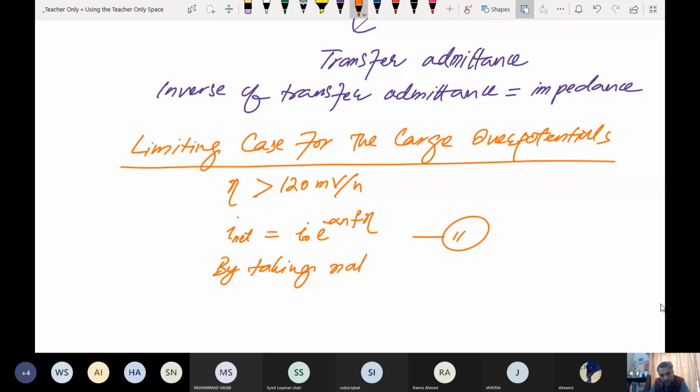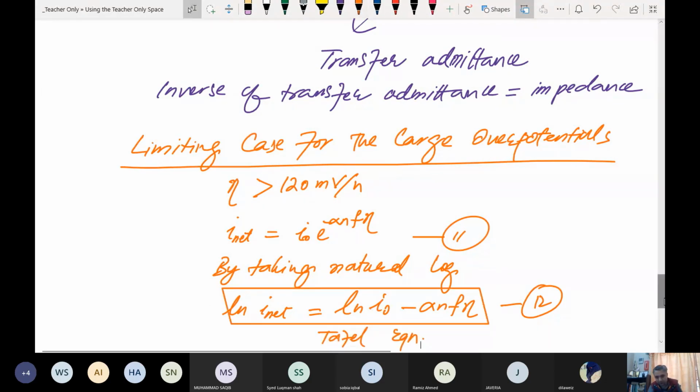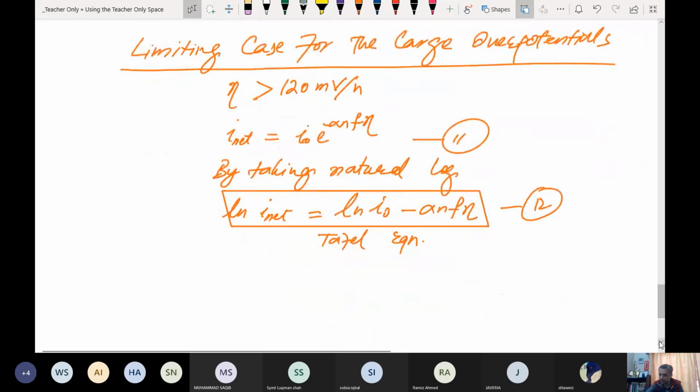By taking the natural log, we can write equation number 12, and the equation over here is called the Tafel equation, which is again quite an important equation.